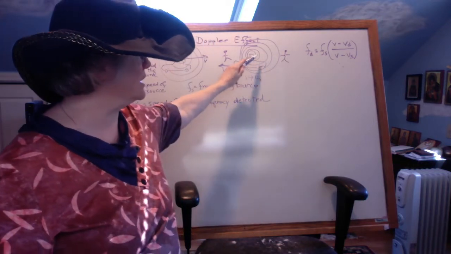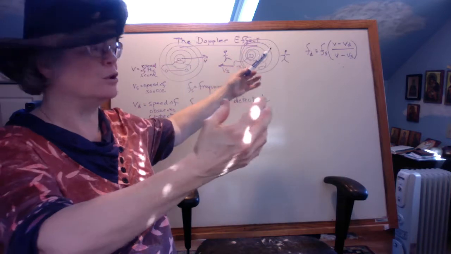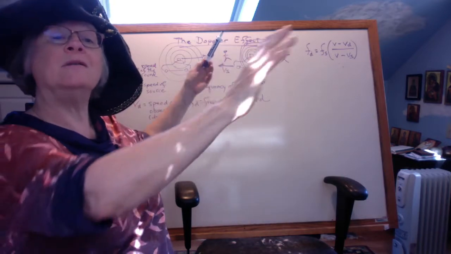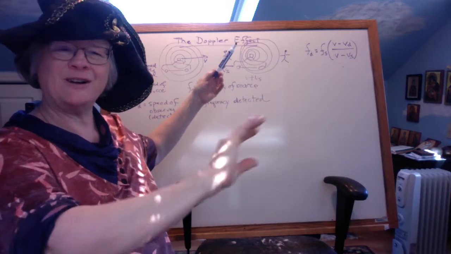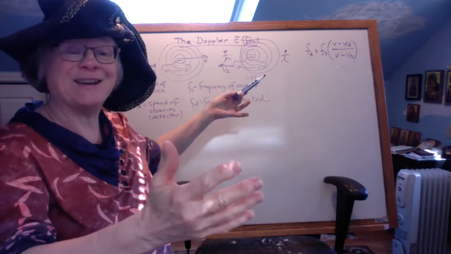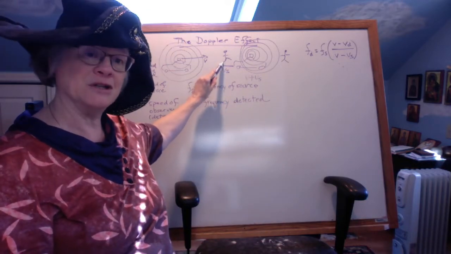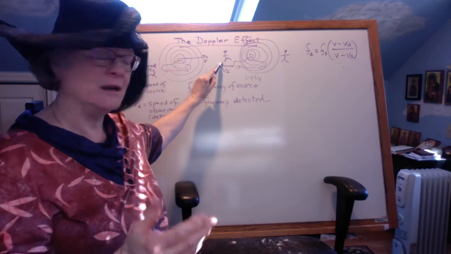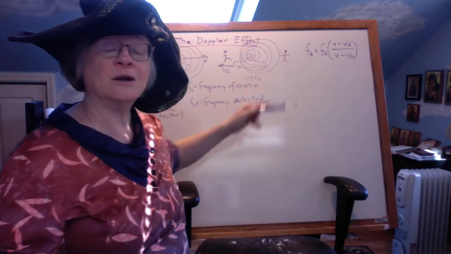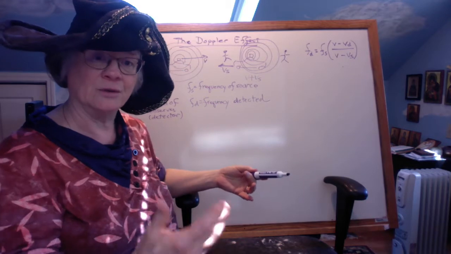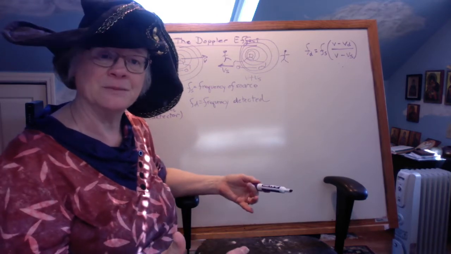Because as you can see, I'm moving away from you, so I am pulling those waves back from you even as I'm sending them towards you. Very mixed message, but this is life. These things happen. So from the front of the car, you hear a higher pitch noise, higher frequency, higher pitch. From behind the car, you're going to hear a lower pitch noise, lower frequency, lower pitch.